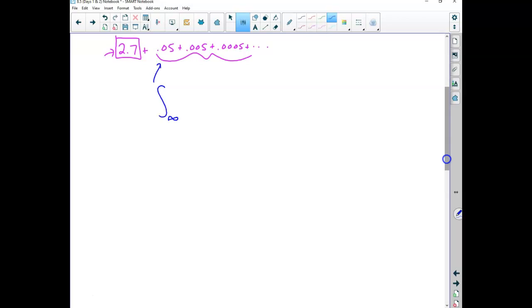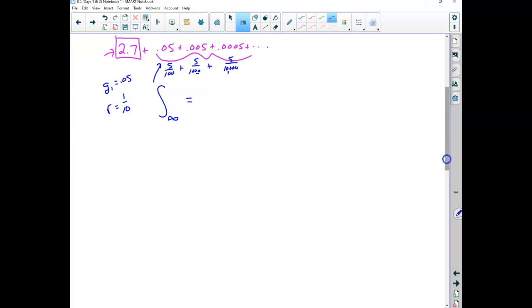So what am I thinking here? Well, my first term is 0.05. What is R? If I think of this as 5 over 100 plus 5 over, well, there's 3 decimals, so that's 1,000, plus 5 over, here there's 4 decimals, so that's 10,000. What do I notice in the bottom? I'm adding a 0 each time, so R should be 1/10, okay?